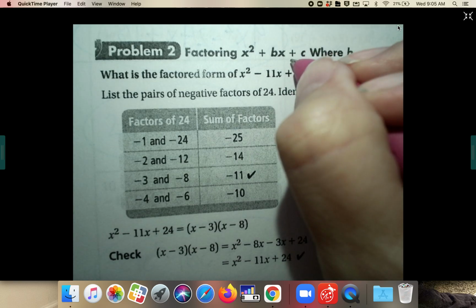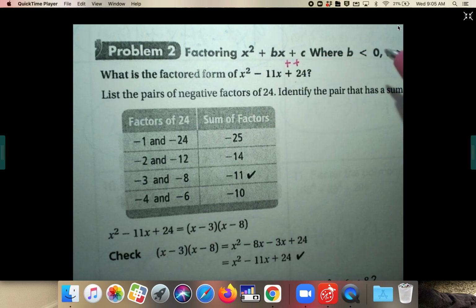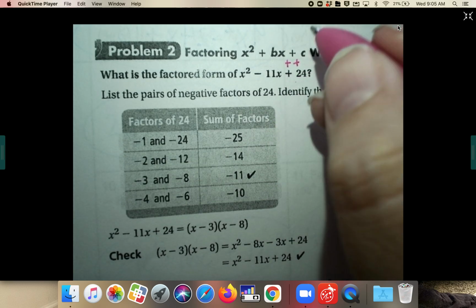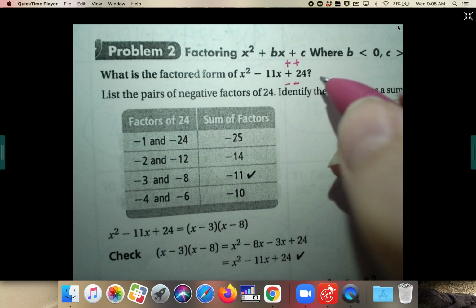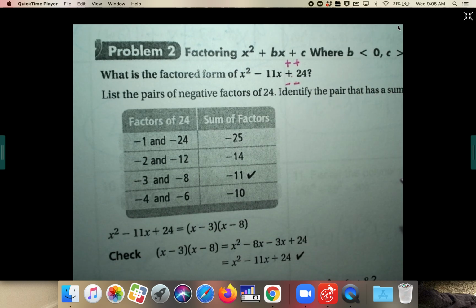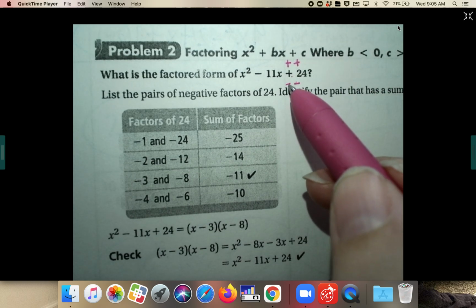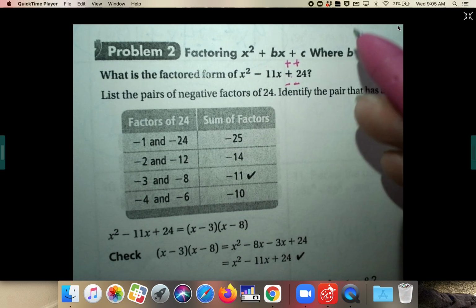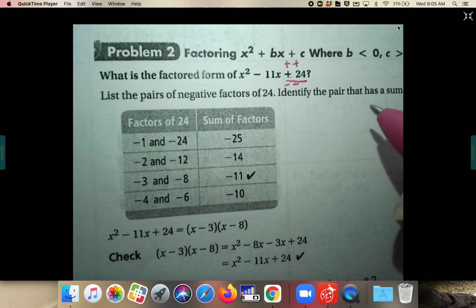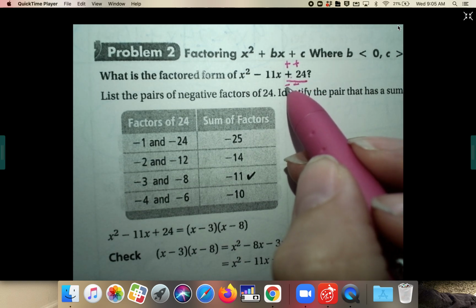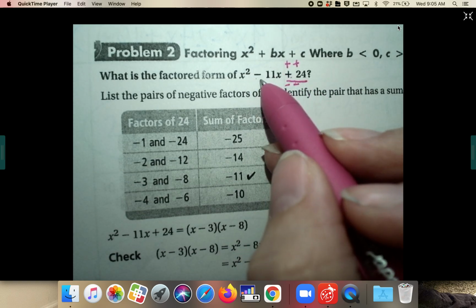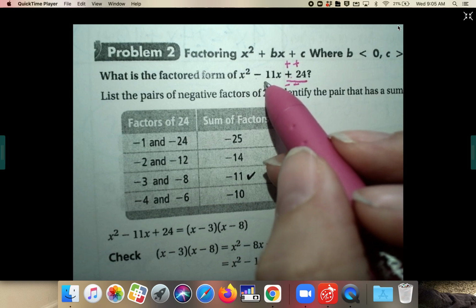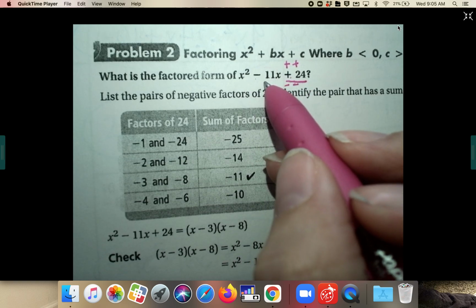You can multiply a positive times a positive to get a positive, or you can multiply a negative times a negative to get a positive. And I'm going to go ahead and tell you that they're going to have to both be negatives in this case, because a negative times a negative will equal a positive 24, and a negative plus a negative will equal a negative 11 when we're trying to add the two factors in this particular part.